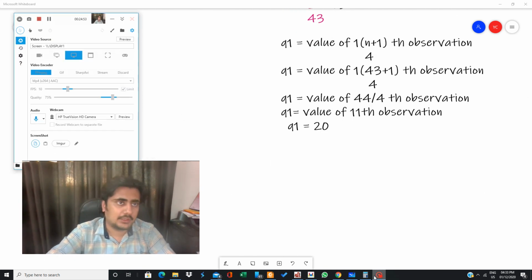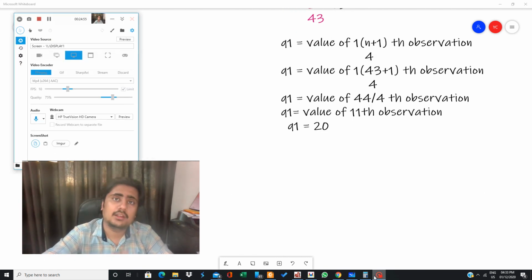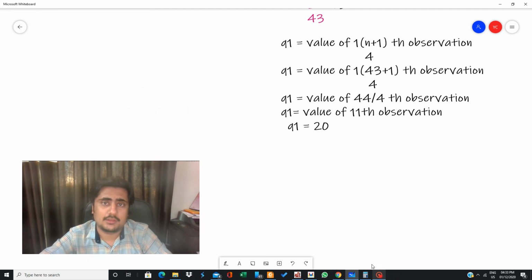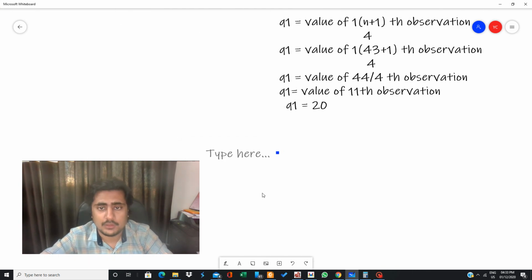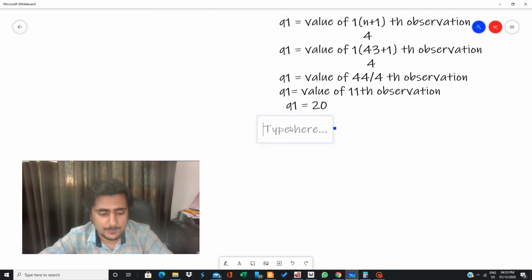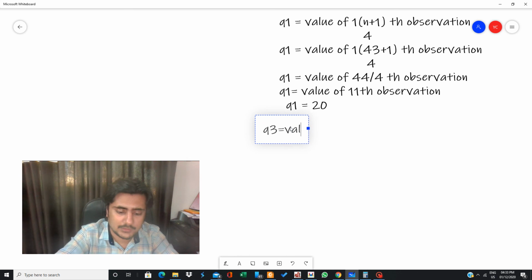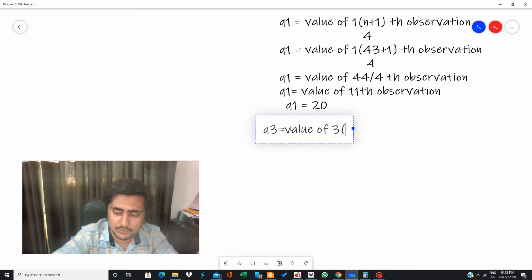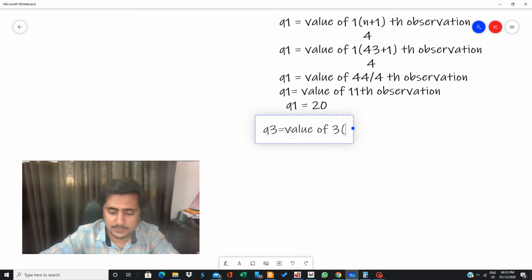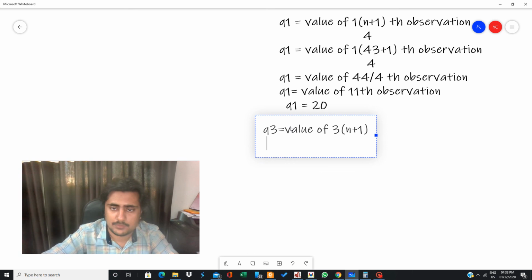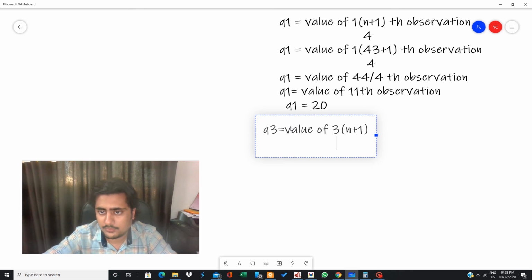Okay, and this Q1 and Q3 we had found in your last chapter, that is chapter number 3. Now I'll be finding Q3. So Q3 is value of 3 into n plus 1 upon 4th observation.